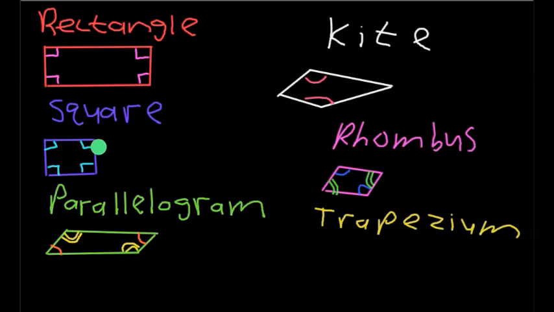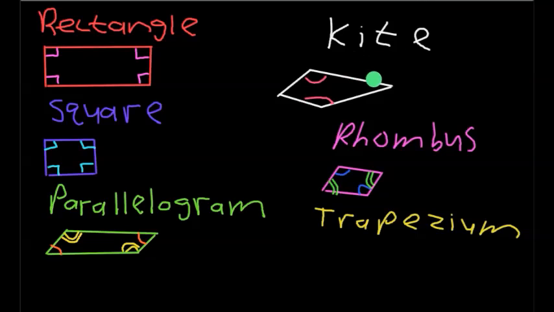All four angles are again 90 degrees. So what distinguishes a rectangle and a square from each other is their side lengths. A parallelogram has opposite angles the same size. So these yellow marked angles are the same size, and these red marked angles are the same size because they are opposite each other.